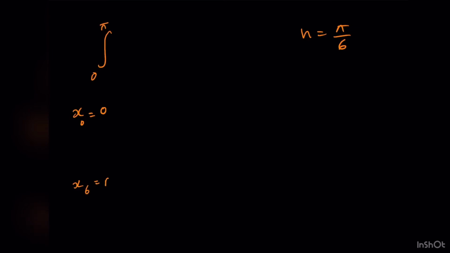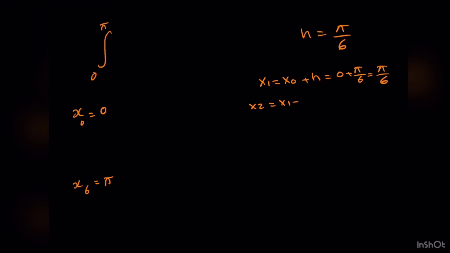So x0 is 0, and x6 is pi. What are x1, x2, and so on? x1 equals x0 plus 1h, so it will be 0 plus pi over 6, which is pi over 6.